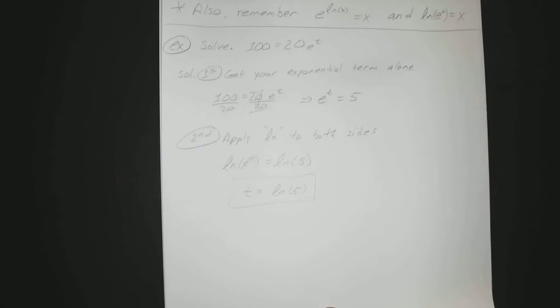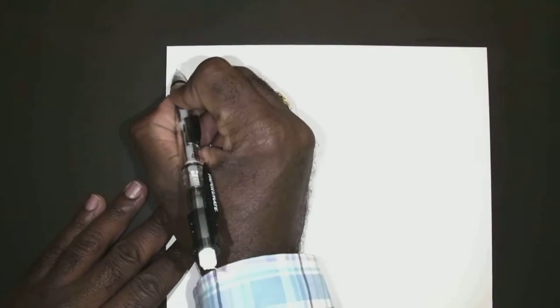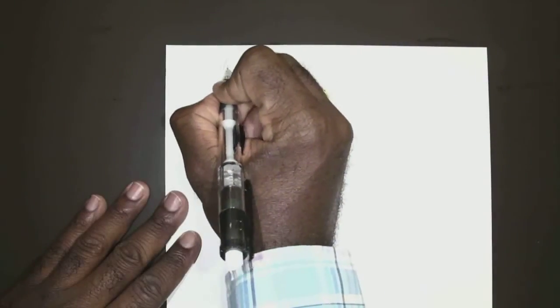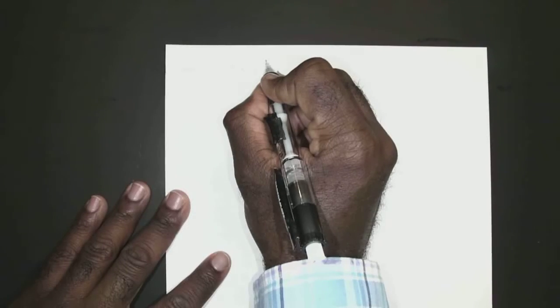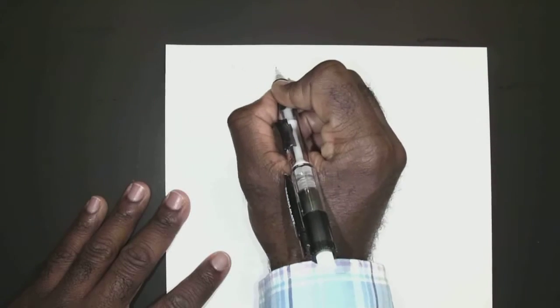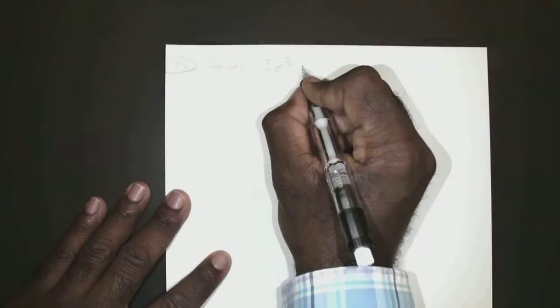Let's say, for example, we wanted to solve 3e to the t over 2 equals 11.